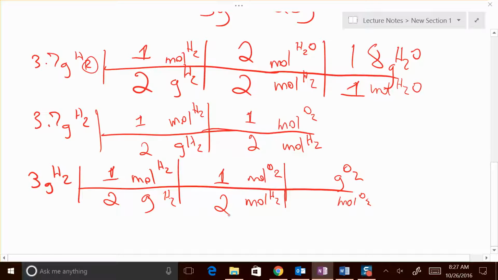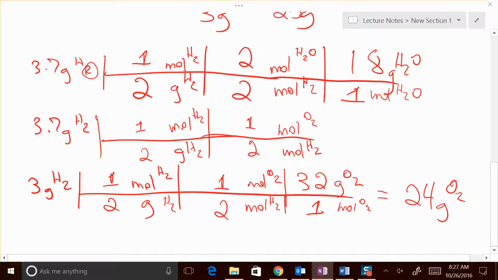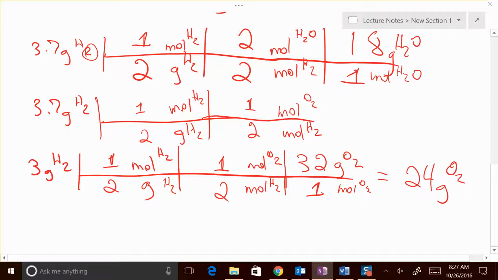Grams of O2, what do I put there? 32 over 1. 32 grams of O2 for every 1 mole of it. Okay? 3 times 32 divided by 4. What is that? 24? 24 grams of O2.